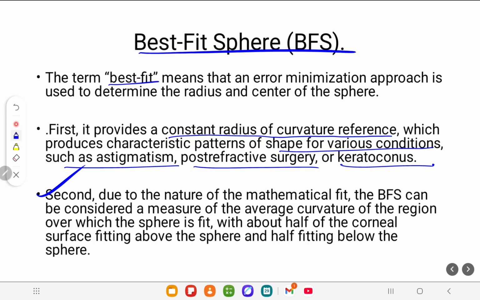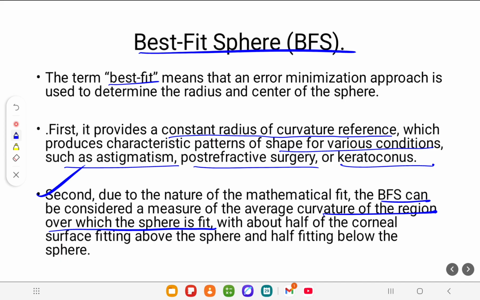Second, due to the nature of mathematical fit, best fit sphere can be considered a measure of the average curvature of the region over which the sphere is fit, with about half of the corneal surface fitting above the sphere and half below the sphere.